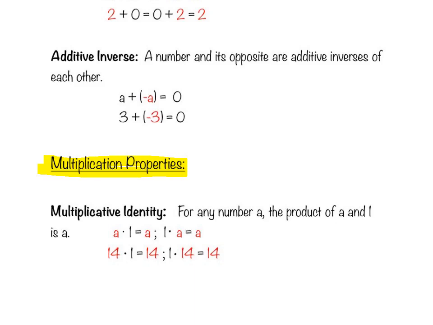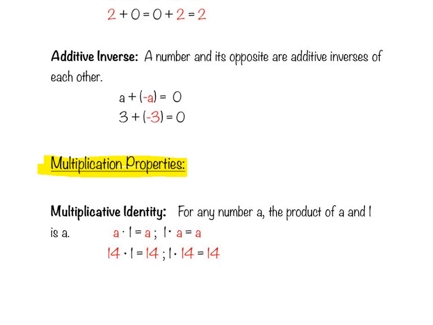When you multiply any quantity by 1, that quantity does not change its identity. It remains the same. So multiplicative identity says that the product of 1 and anything will be that quantity.